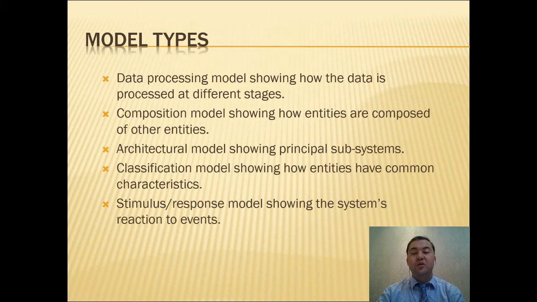Architectural models show the principal subsystems that make up a system. A classification model. Object, class, or interface diagrams show how entities have common characteristics. A stimulus response model or state transition diagram shows how the system reacts to internal and external events.